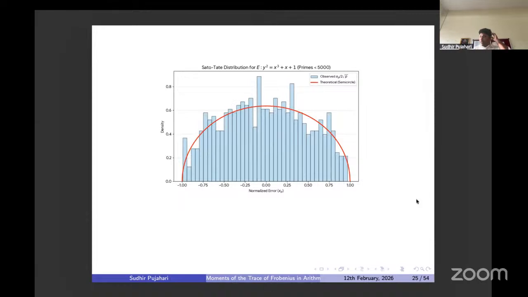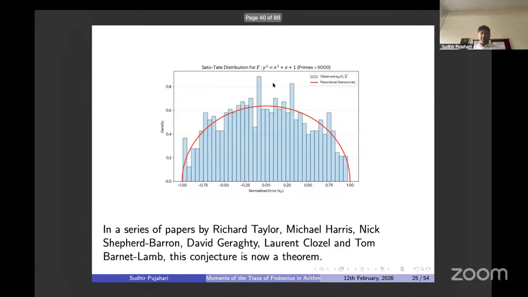In other words, what they are predicting is, if you plot a graph of the trace of Frobenius of, let's say, the elliptic curve y squared equals x cubed plus x plus 1, as p varies, the trace of Frobenius is going to be equidistributed with respect to the semicircular law, or what we call the Sato-Tate law. This is known as the Sato-Tate conjecture, and it is now a theorem due to Taylor, Harris, Shepherd-Barron, Clozel, and Barnet-Lamb.